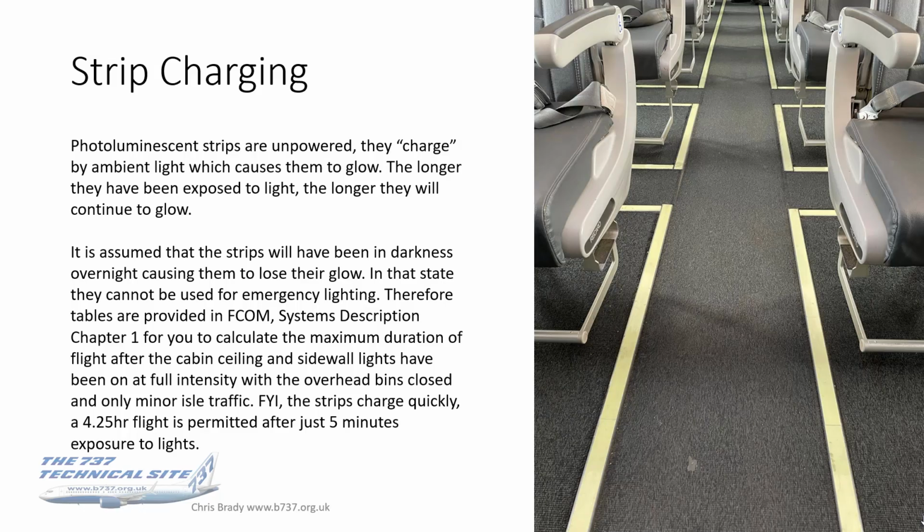And these tables are actually quite elaborate, and it depends on whether strips are blue or not, or standard width or not, whether you've got sky interior lighting or not, whether the bins have been open or not, whether you've got people in the cabin or not.